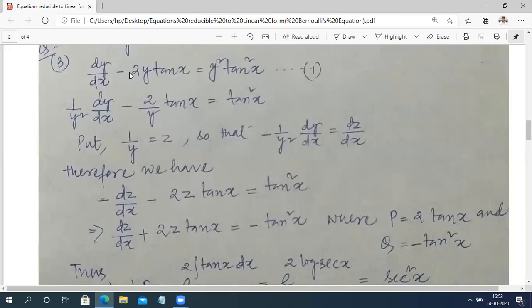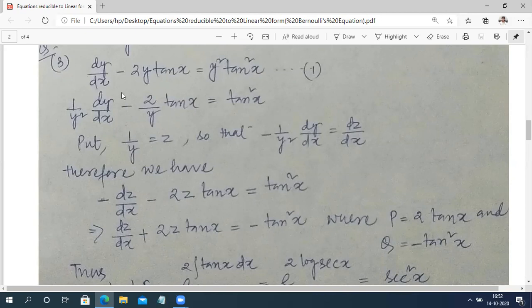So p into y is equal to q into y to the power n. Q is tan square x, again a function of x, into y to the power n. That means in this case n is 2, so y square tan square x.